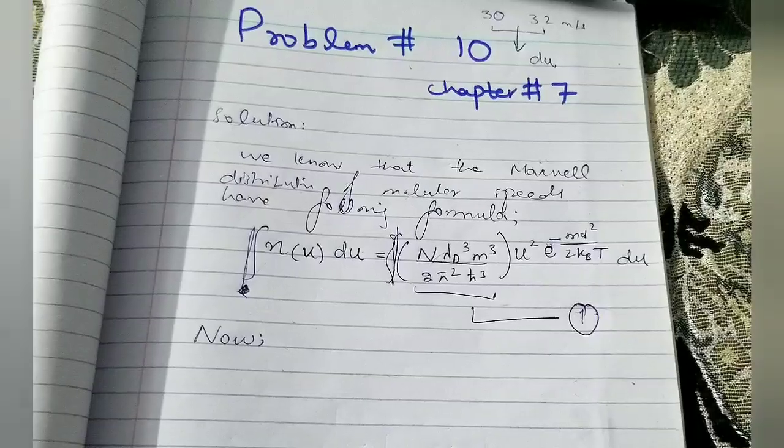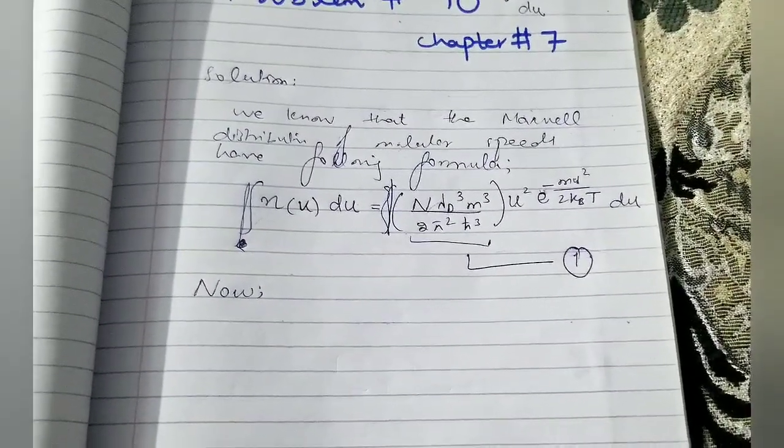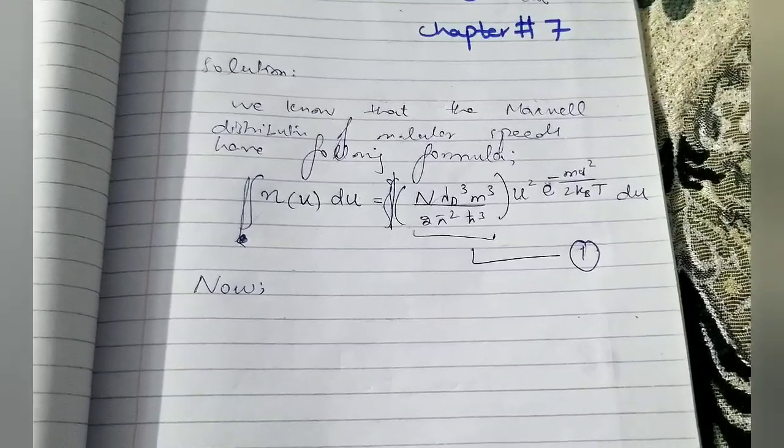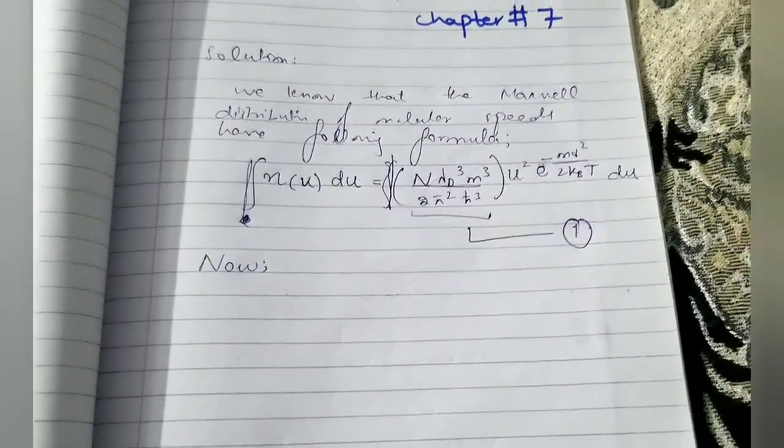So a molecule can leave the Earth's gravitational field only with the aid of its thermal energy. Otherwise, it doesn't have any other energy.